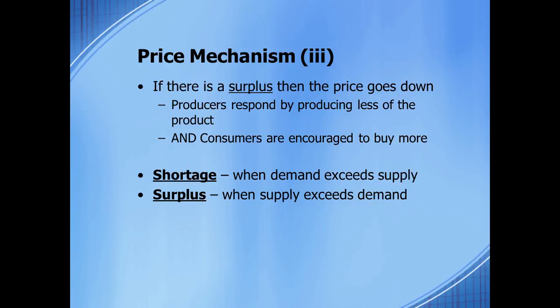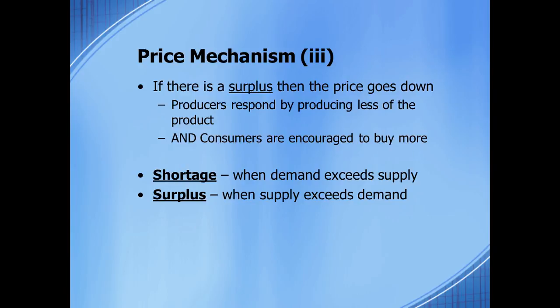So if there's too much fish, too much production of a product, then the price is going to go down. Producers respond to falls in price by producing less of that particular product. But the consumers are encouraged to buy more as it's cheaper and they want more of it. So the price mechanism forces prices down to try and correct the surplus.